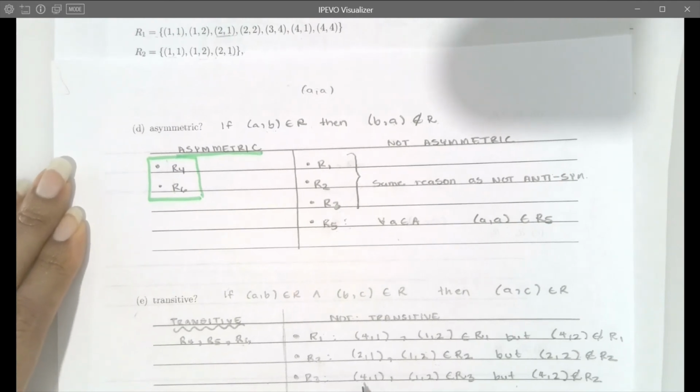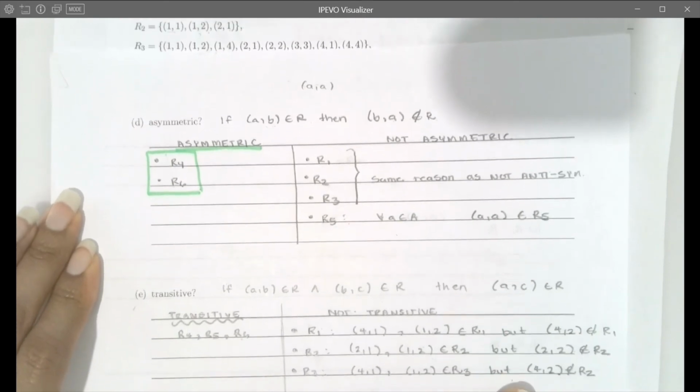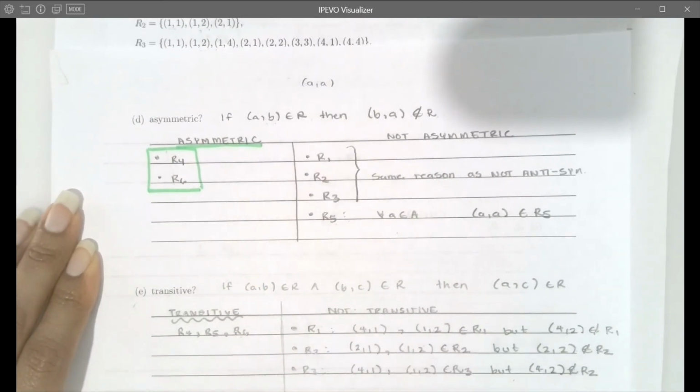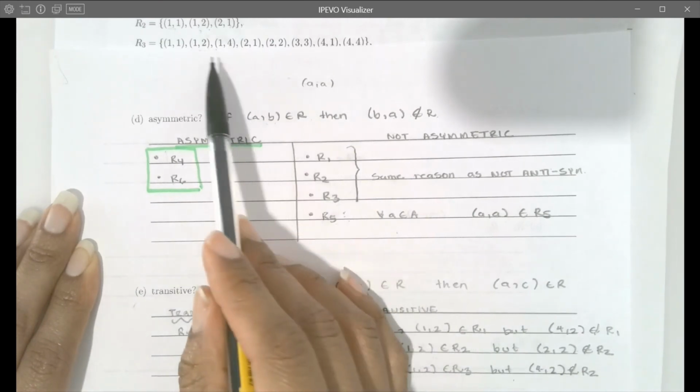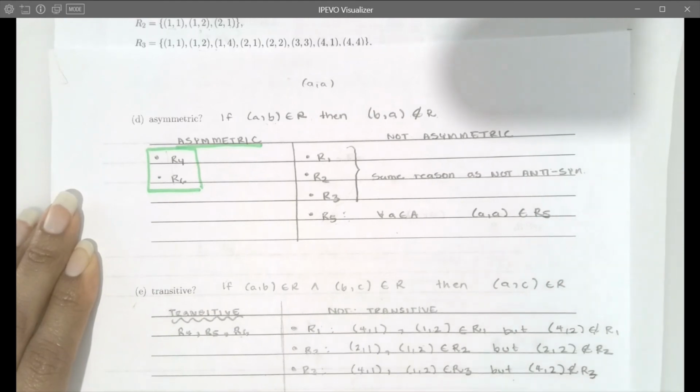Okay, next one, R3. For R3 we have this element (4, 1) and this element (1, 2), which means there should be an ordered pair from 4 to 2. But (4, 2) is not part of R3. And this is a typo. So that means that it is not transitive.